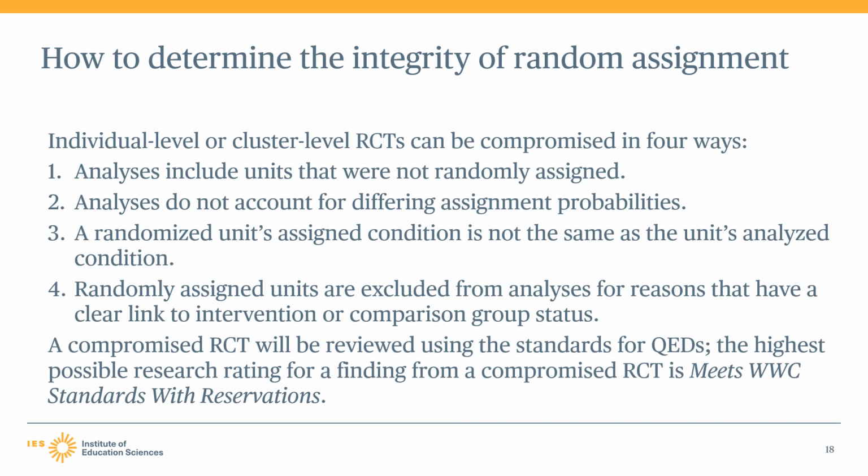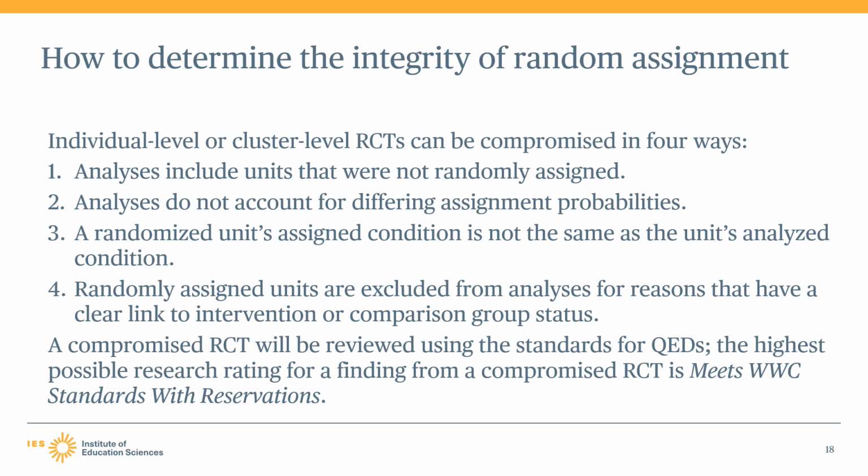Another important consideration when assessing assignment to conditions in group design studies is determining whether the integrity of random assignment has been maintained. This determination is necessary regardless of whether the study used individual level or cluster level assignment to conditions.